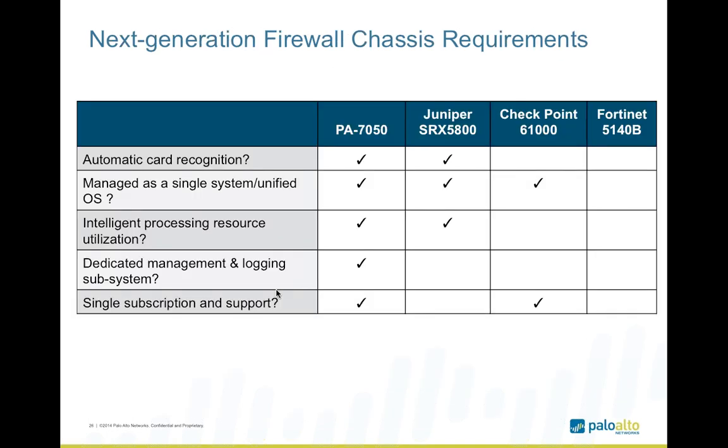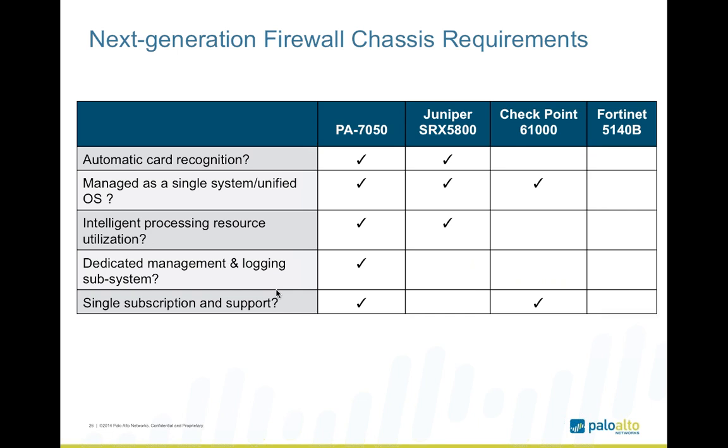And in terms of capabilities, when you look at the easy management of a chassis-based solution, because everyone will think that chassis-based solutions will be very difficult to manage, maintain and look after. But on the contrary, the 7050 is managed just like a single appliance.